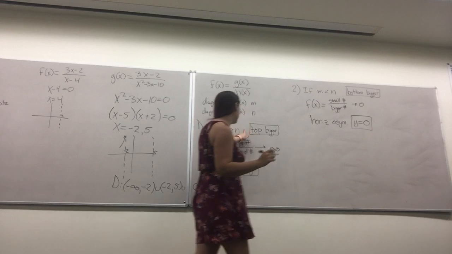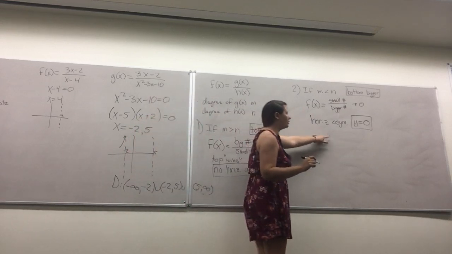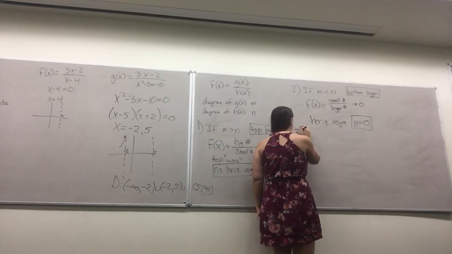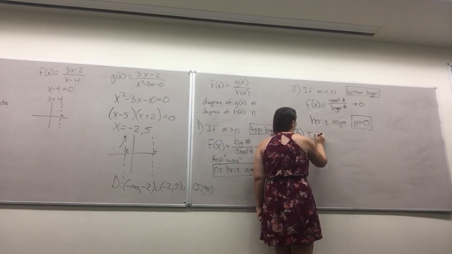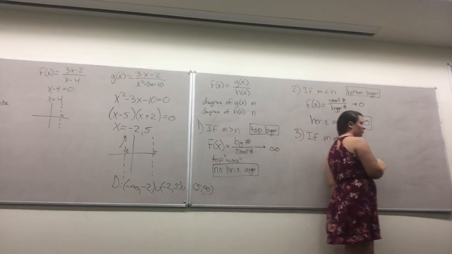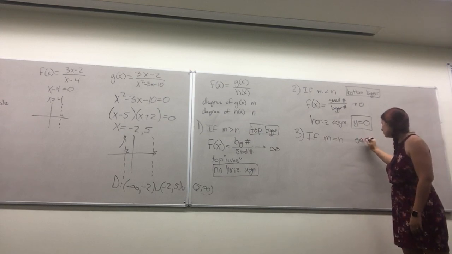So, top bigger, no horizontal asymptote. Bottom bigger, y equals 0. Then, third option, if they're the same. Okay? So literally just they're the same degree.